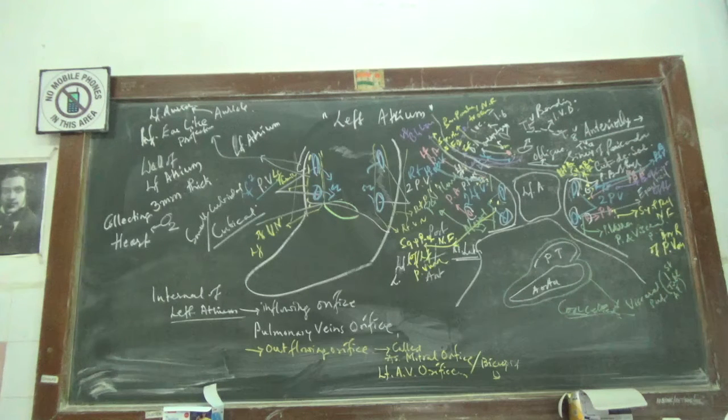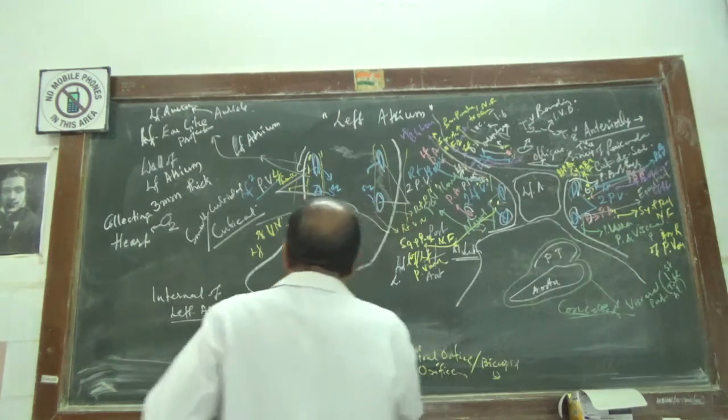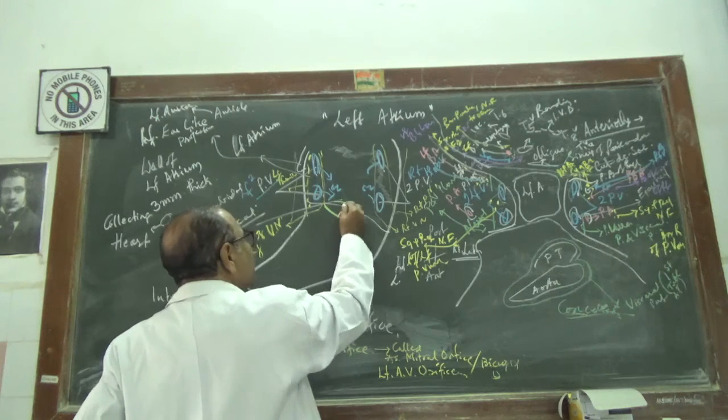It is between 1.5 to 2 centimeters. Now this bicuspid orifice has two cusps.